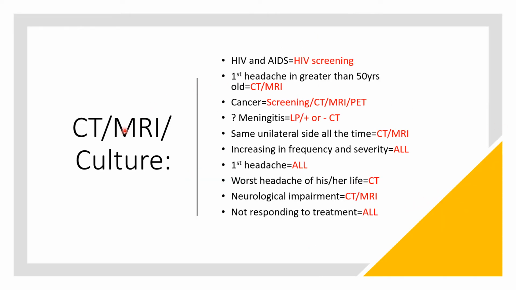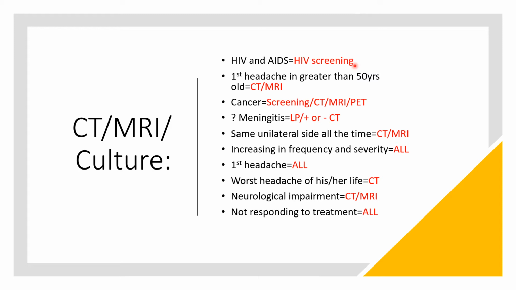Now, still on diagnosis, we may go beyond typical and atypical sometimes when we are faced with certain situations. Like this person has HIV and AIDS. You've done HIV screening to know, and that may be secondary headache.